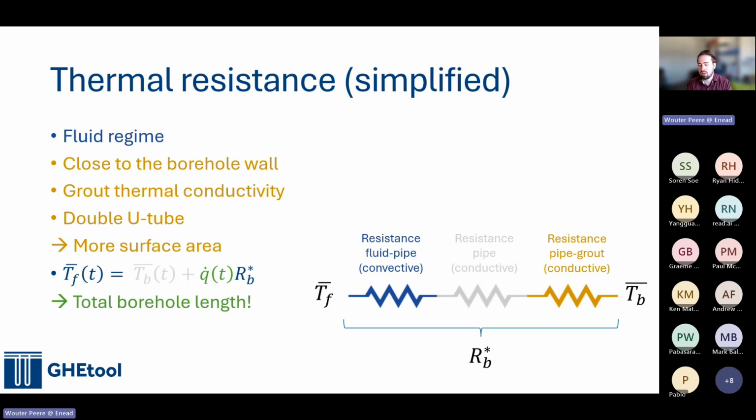Because if we have 10 kilowatts for a 200 meter or a 300 meter borehole, this actually decreases this parameter by 33%. So on the short term, it's important how many meters of borehole you have.